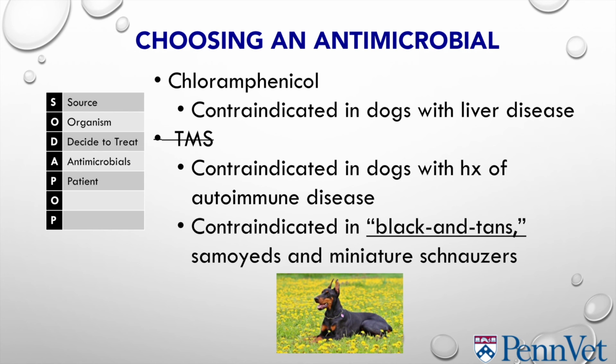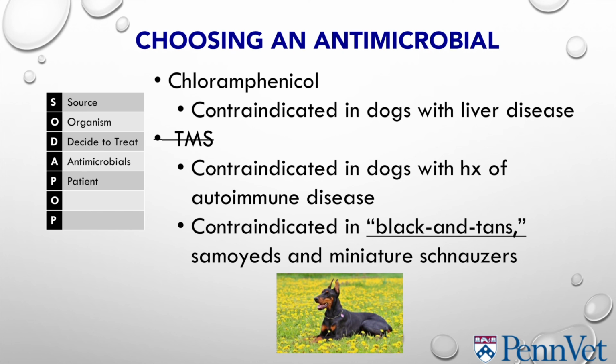For patient, we will consider the contraindications for each of these drugs. Chloramphenicol is contraindicated in dogs with liver disease. Since Itchy has no history of liver disease, we'll consider using chloramphenicol. Don't forget, TMS was one of our first-line antimicrobials and would be our choice as long as it's not contraindicated in Itchy.